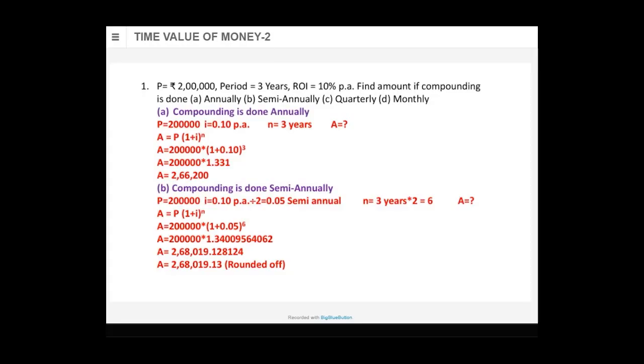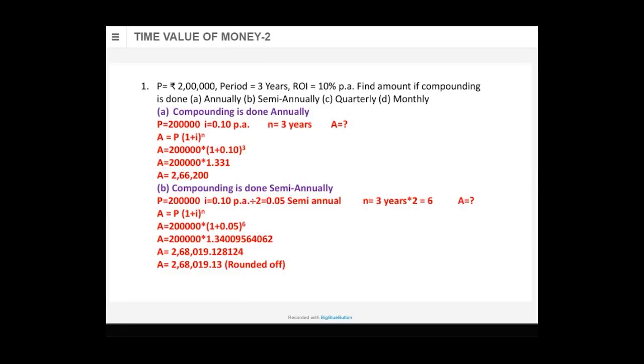Semi-annually means 6 months, quarterly 3 months. So 4 calculations are there: A, B, C, D. So first, A, compounding is done annually. Then P is 2 lakhs, i is 10% per annum, which is 0.10, n is equal to 3 years.